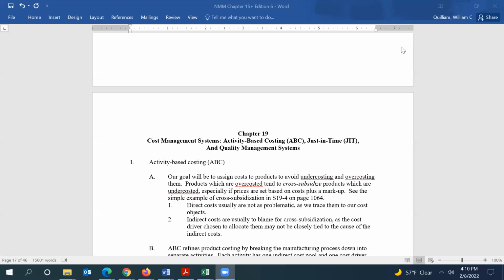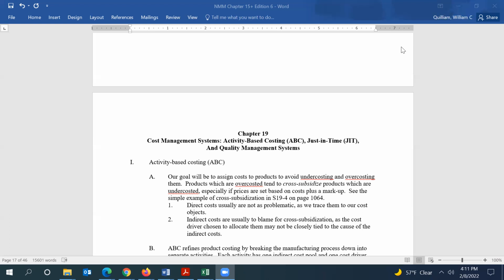So direct costs are not going to be problematic, really, because we tend to trace them to our cost objects. So for direct materials and direct labor, we know exactly how much each cost object's consuming. So those are cut and dried. But what is fuzzier or subjective will be indirect costs or overhead.